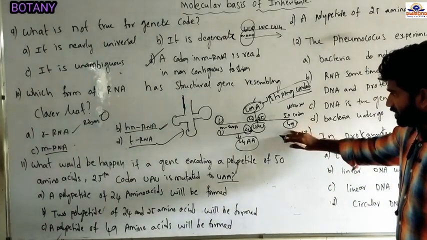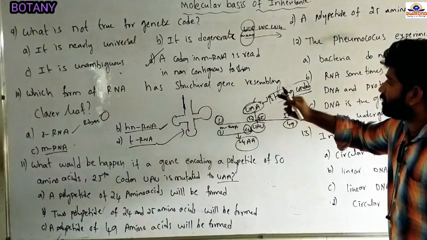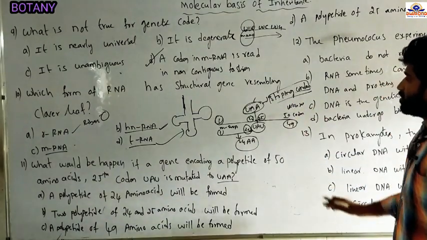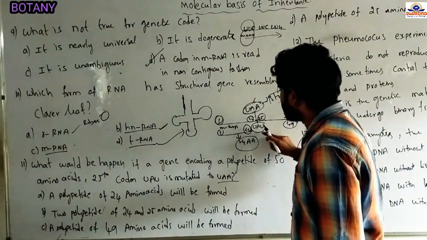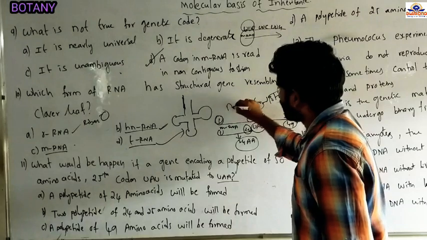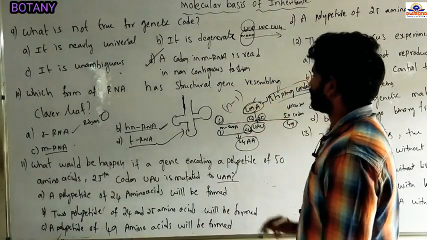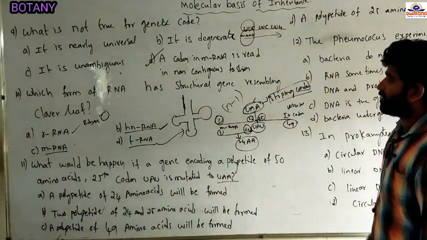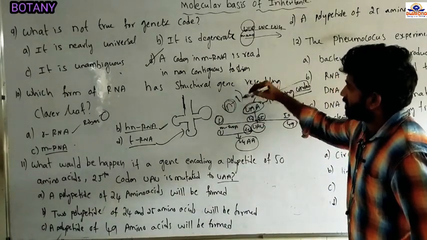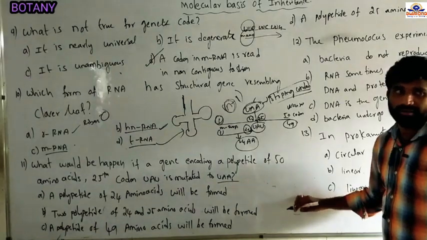But here the mutation takes place in the 25th codon only, so UAA is formed. If the 25th codon is UAA, we can calculate the number of amino acids in the polypeptide chain by the n-1 formula: the number of codons minus 1 gives the number of amino acids.